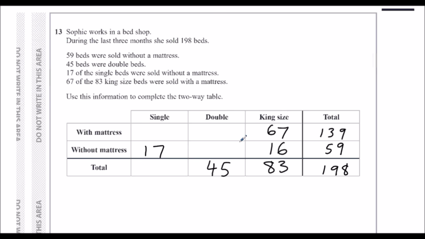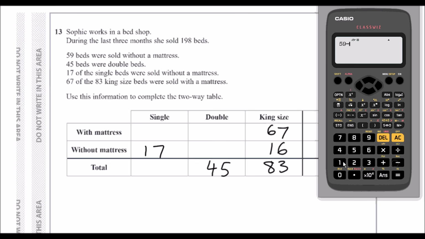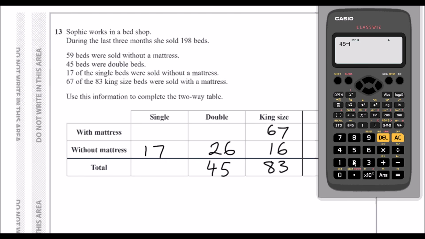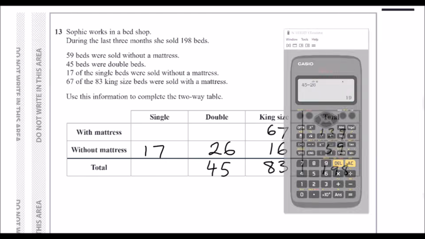Then we could do 17 plus something plus 16 is 59. So 59 take away the 17 and the 16 gives us 26. 45 take away 26 is this double with mattress. So 45 take away 26 is 19.